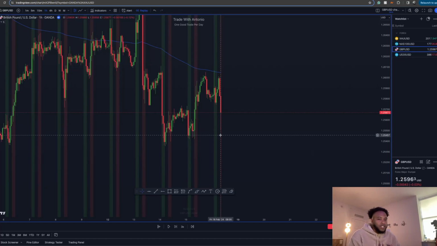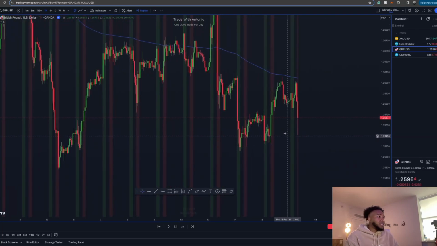Now, first things first, what I like to do when I first wake up in the morning is take a look at the higher time frame, just to get an idea of what zones we're possibly hitting on the higher time frames. The first thing I noticed was that on the 1 hour time frame on GU, we were tapping into a 1 hour demand.